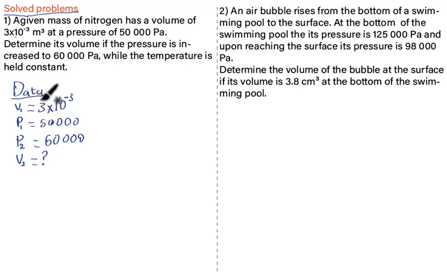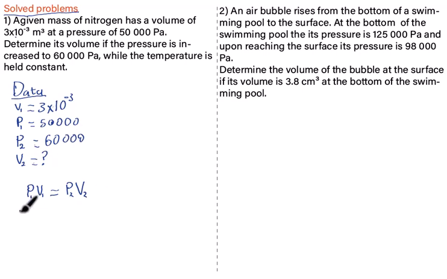So what do we do? We are going to use PV is equal to constant. So P1 V1 is equal to P2 V2. You're on Boyle's law, okay?